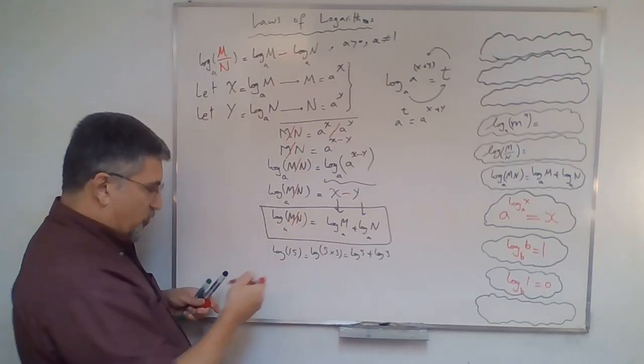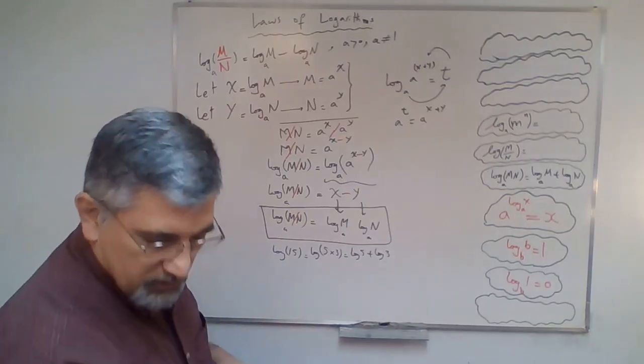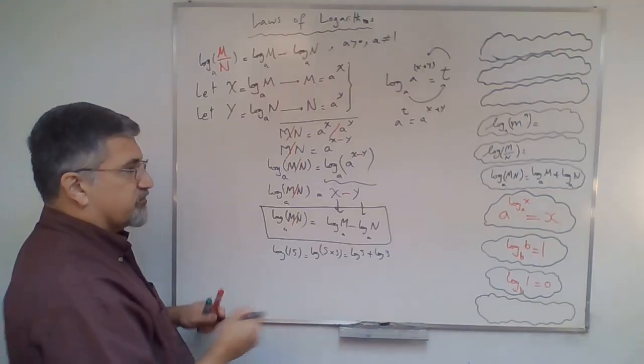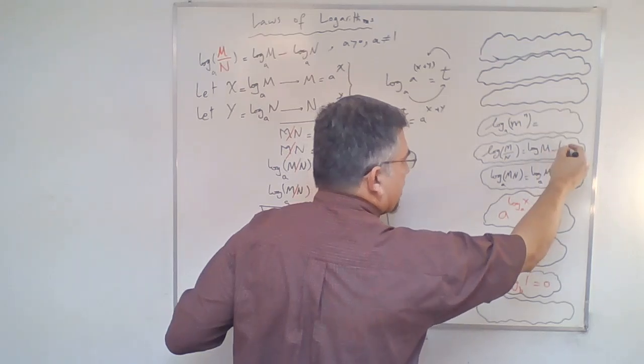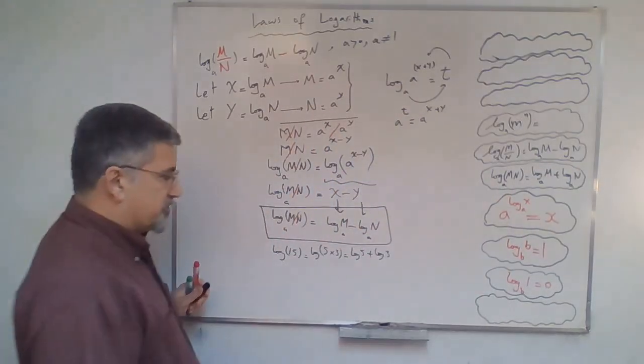So log of m over n actually becomes the difference of the two logarithms, not the sum. Now that we proved this formula, we can say this is log of m minus log of n, and the base could be any arbitrary base a.